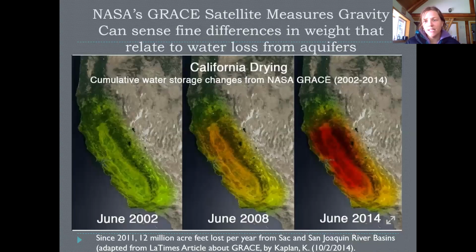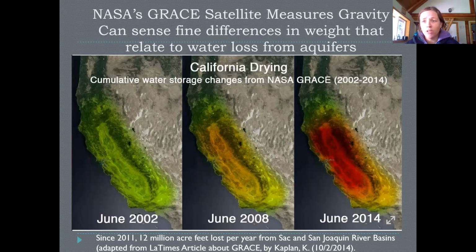So this is a particular research project that's been done trying to understand California groundwater storage and California groundwater overdraft. In this case, it's done through satellite, through remote sensing, using gravity. Gravity is a force that causes things with mass to be pulled towards one another.